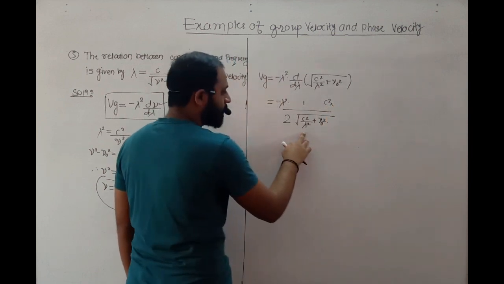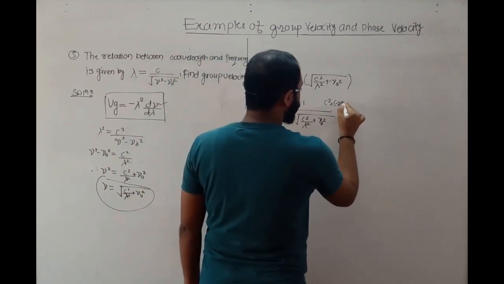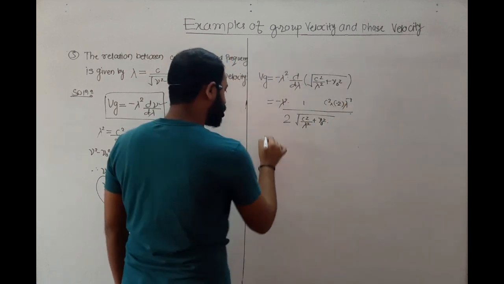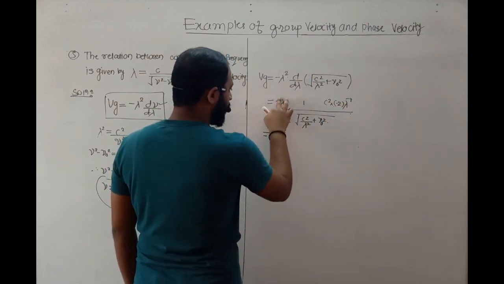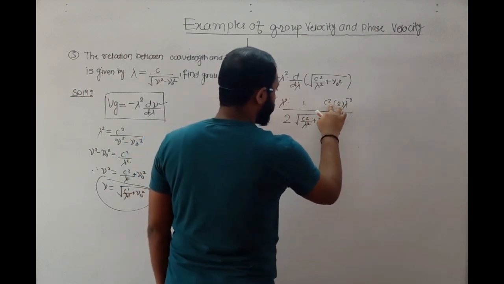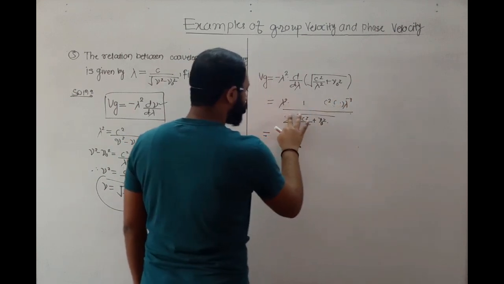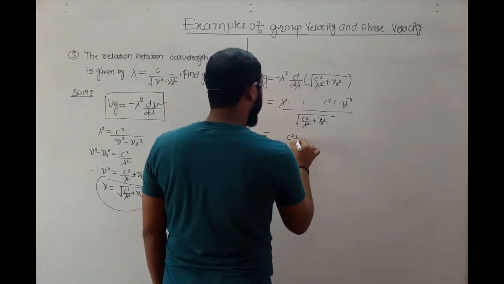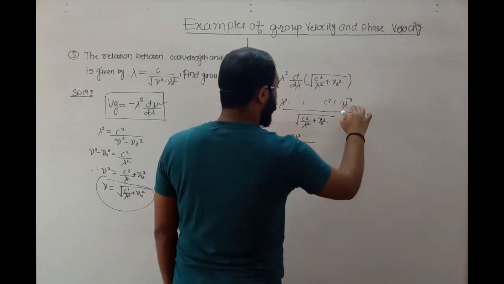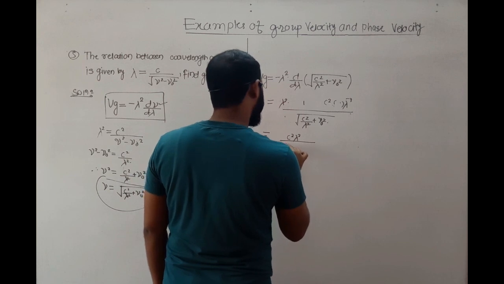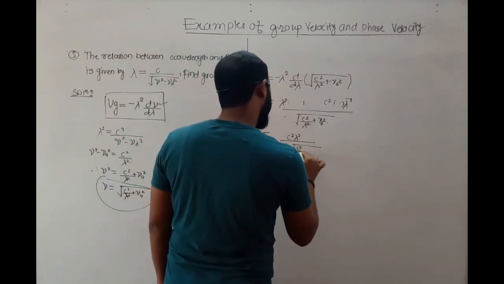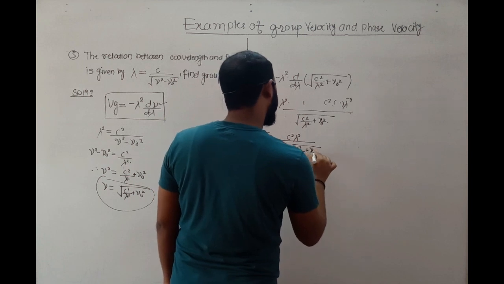Derivative of 1 by lambda square is minus 2 upon lambda cube. Now see, easily this minus and this minus get cancelled. These two also get cancelled. Now see, c square lambda square upon, I can write lambda cube in the denominator, under root of c square by lambda square plus nu naught square.